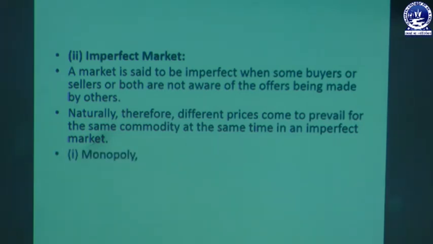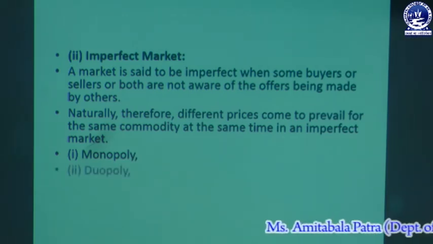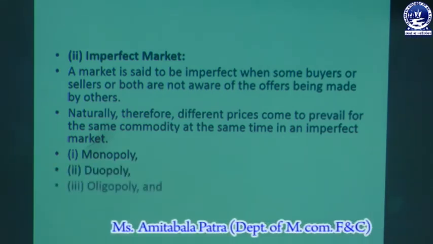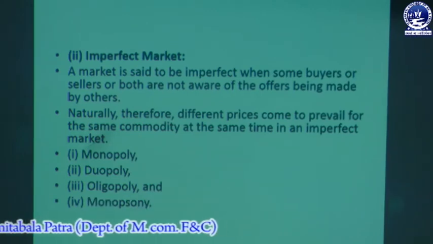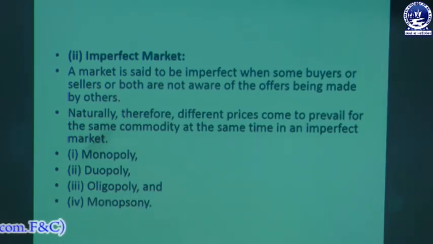In this imperfect market, we could have various types: monopoly, duopoly, oligopoly and monopsony. So, these could be the imperfect market situations that could happen.